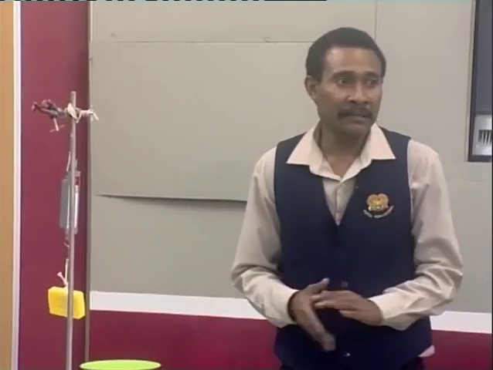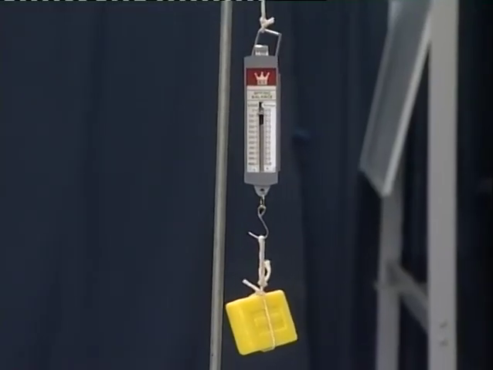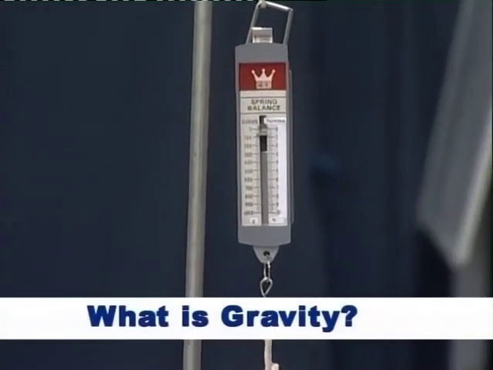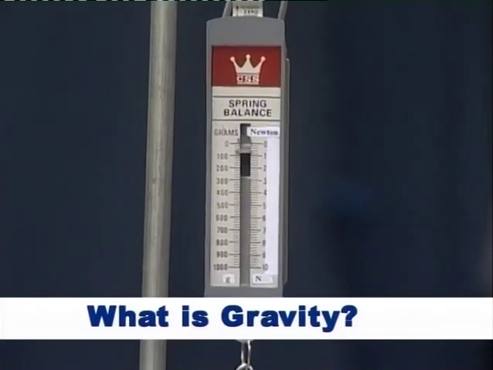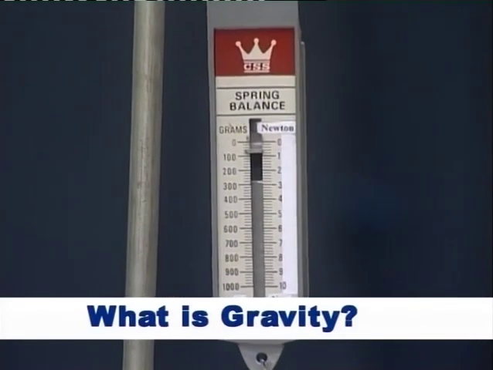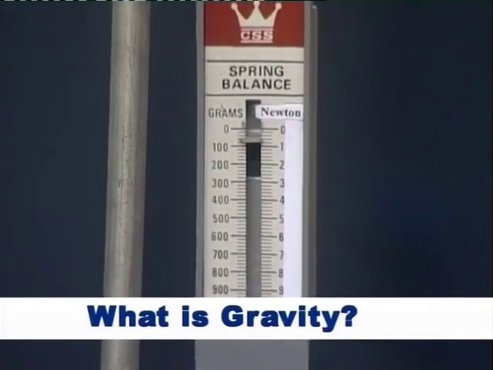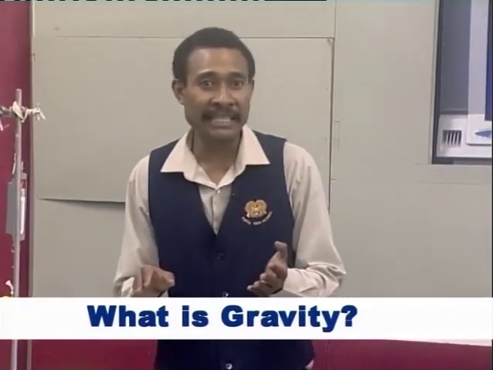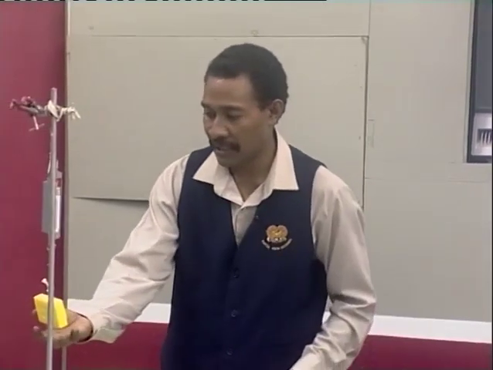That all comes back to gravity. Have you heard of gravity force, gravitational force? Yes? All right. You can tell me what you understand about gravitational force. All right. Gravity is the attraction between two objects. In this case, we have this object, the soap.